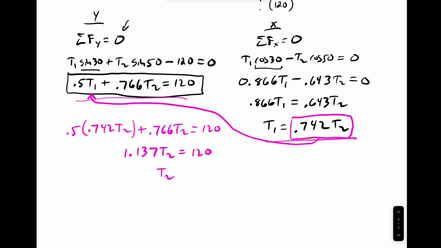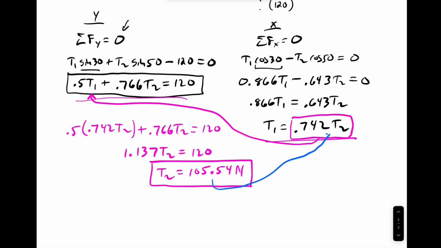Which means T2 would be equal to 120 divided by 1.137. And that turns out to be 105.54 newtons. Okay, so now I've got that. Now all I have to do, let me switch colors so it's easier to see, is take this and substitute it back in here for T2.